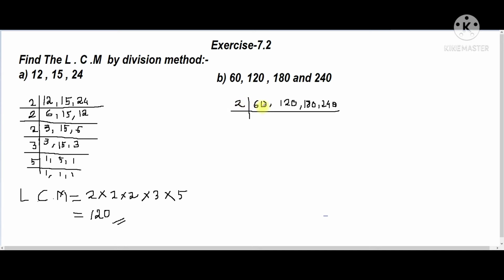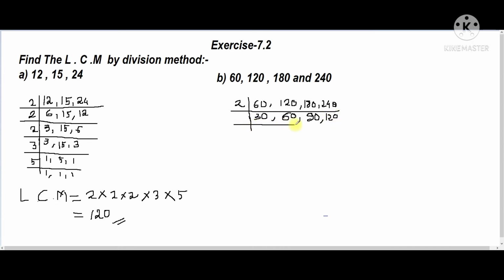Always try to divide by a prime number. 2 is itself a prime number, right? 2 how many times in 60? 30. 2 how many times in 120? 60 times. Here we have 180. 2 how many times in 180? 90 times. And then there is 240. 2 120s are 240, right?